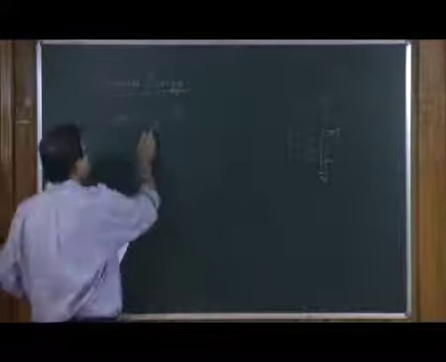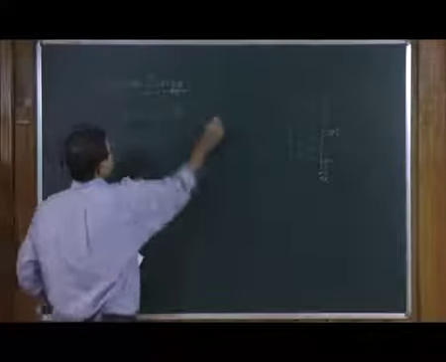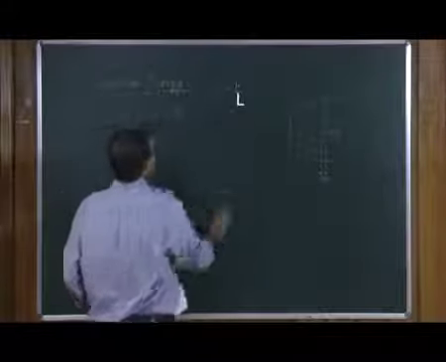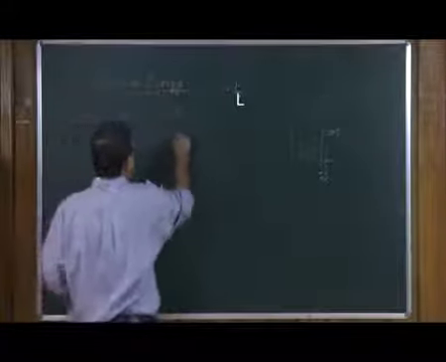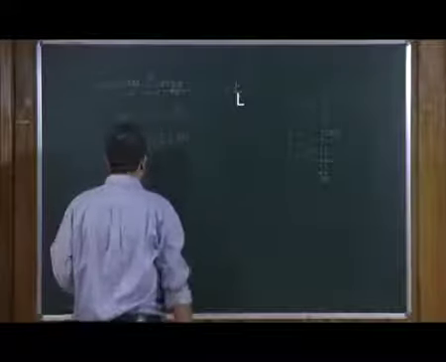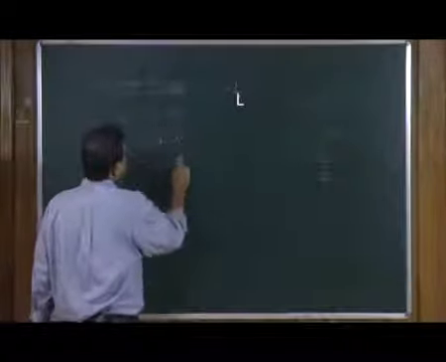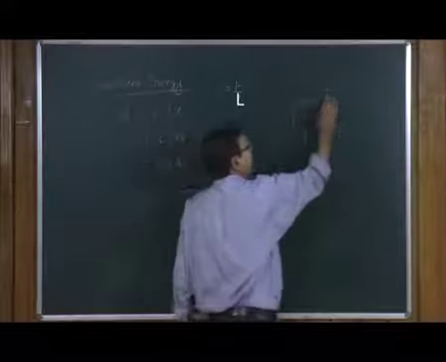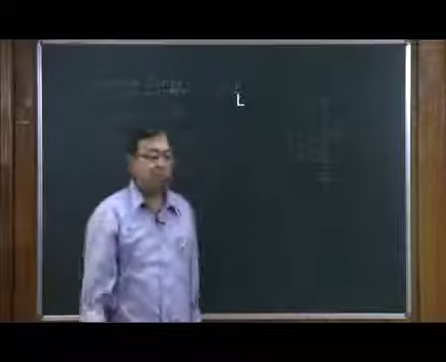And this we know can be written as S into L, because S equal to F over L. So, F equal to S into L, and then delta x, and this is equal to S into delta A, where delta A is the increase in area that has happened because of this small extension.